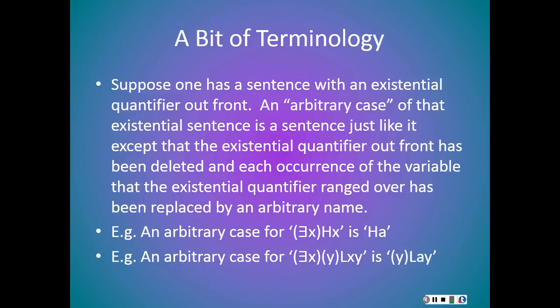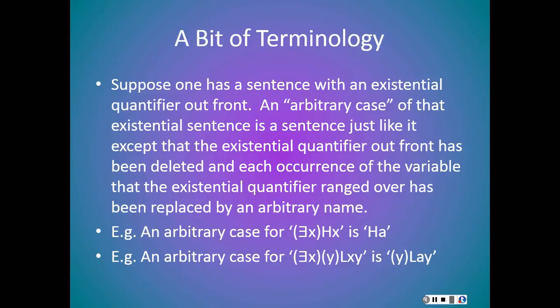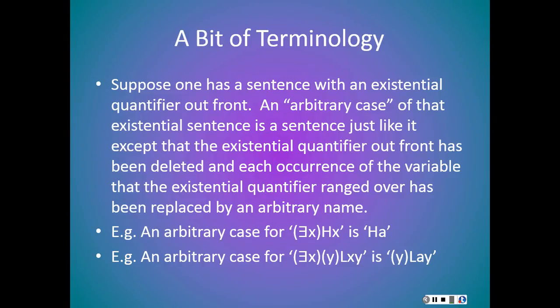That analogy is interesting and worth exploring, so if you are interested in that analogy, I encourage you to read what your textbook has to say about it, but I'm not going to explore that analogy in this lecture, and so I'm going to refer to what your textbook calls the typical disjunct as the arbitrary case.